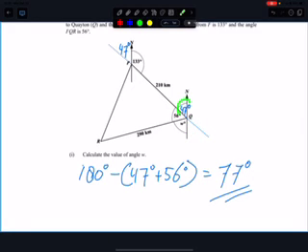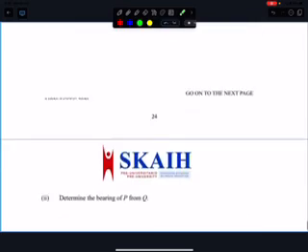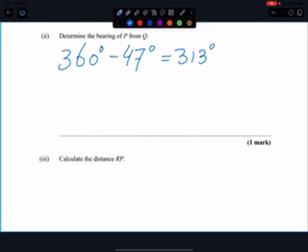If you know this is 47, an entire circle is 360 degrees. I only have to subtract 47, and that is the bearing. 360 degrees, subtract 47 degrees, and the bearing is 313. Wow, we love mathematics. So easy. It's so simple.